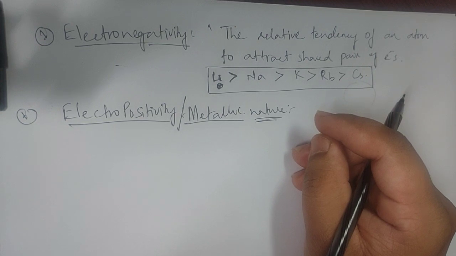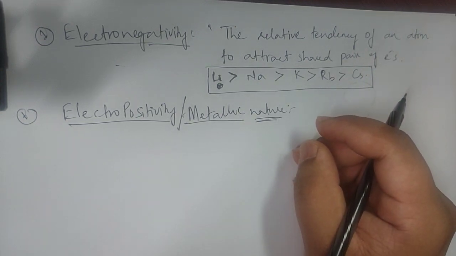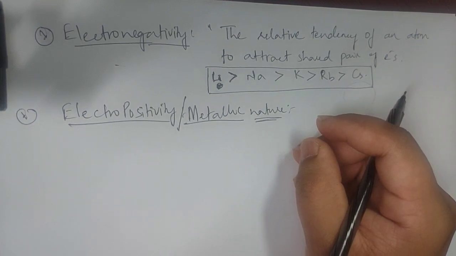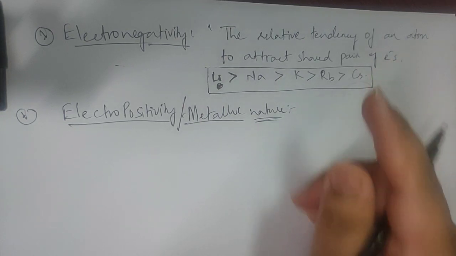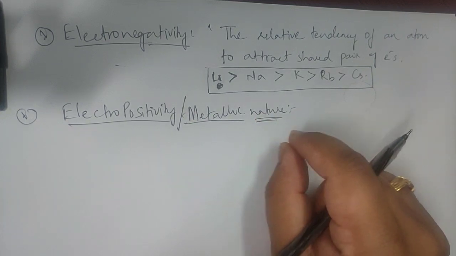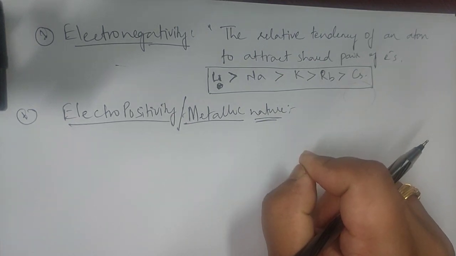So just now we have seen in which case which metal is readily losing an electron? Cesium. It is related to ionization energy, you can relate. In which case can I remove the electron easily? Cesium. So cesium is readily losing an electron and becoming electropositive. Lithium, on the other hand, is a smaller atom, so its tendency to lose an electron as compared to cesium is very less.